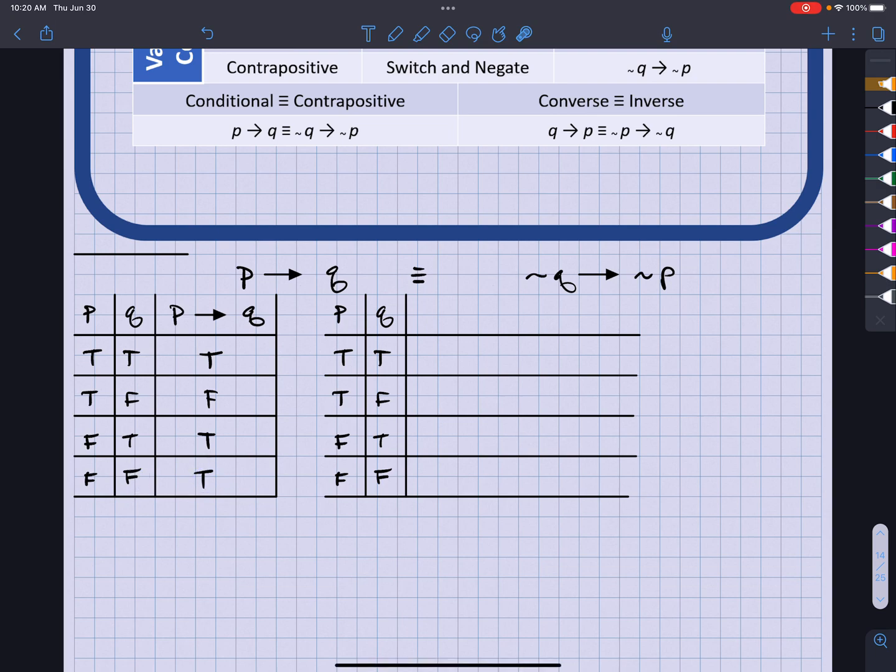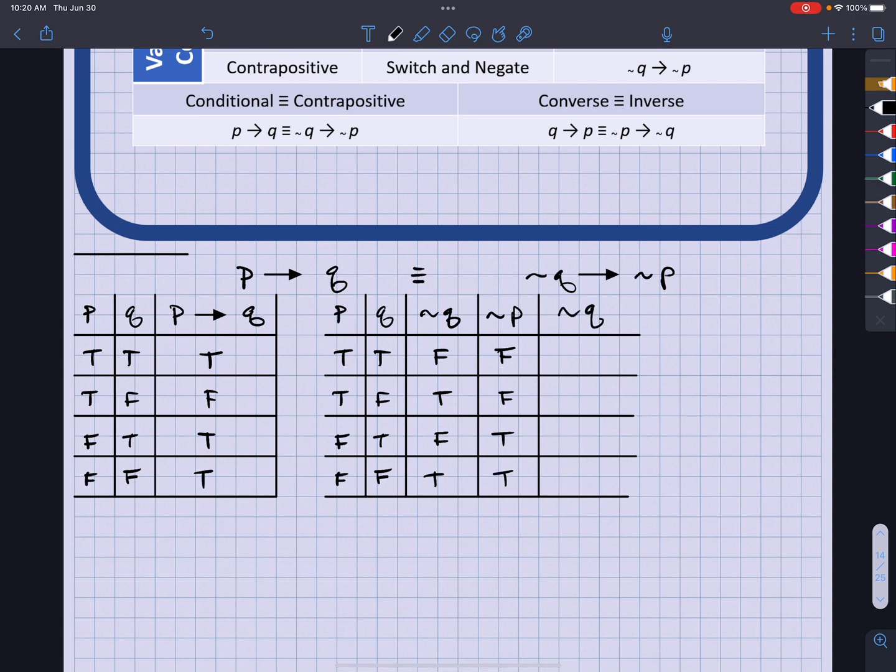All right? All right, so now over here, I got to do the not Q, which is going to be, I got to negate the Q column, so that's false, true, true. And then do the not P column, and that is going to be negating the P column, so that's going to be false, true, true.